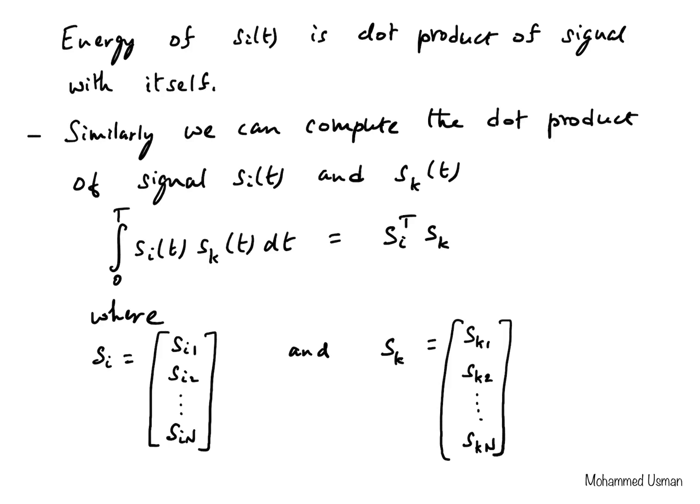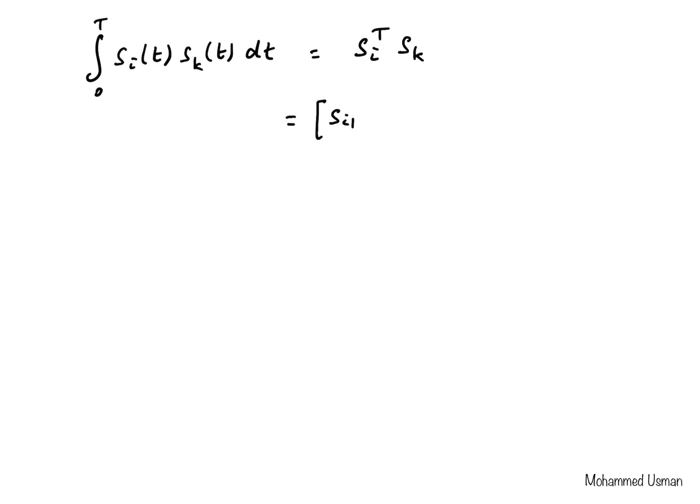The dot product of these two can be obtained by taking the transpose of this vector, that means writing this as a row vector and keeping the other as a column, and that gives us the dot product of those two signals. So in other words, we can write the dot product as the integral from 0 to T of Si of t into Sk of t dt, which is Si transpose into Sk, where Si transpose is the Si vector represented as a row vector.